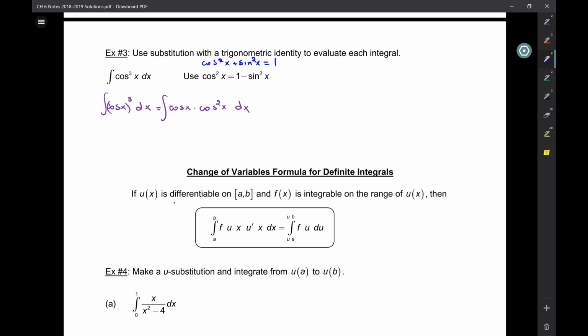So if I take that identity in the blue and solve it for cosine squared, right, I subtract the sine squared, I get cosine squared is 1 minus sine squared x. So now I'm going to rewrite this as cosine x, and then this is going to be 1 minus sine squared x dx.